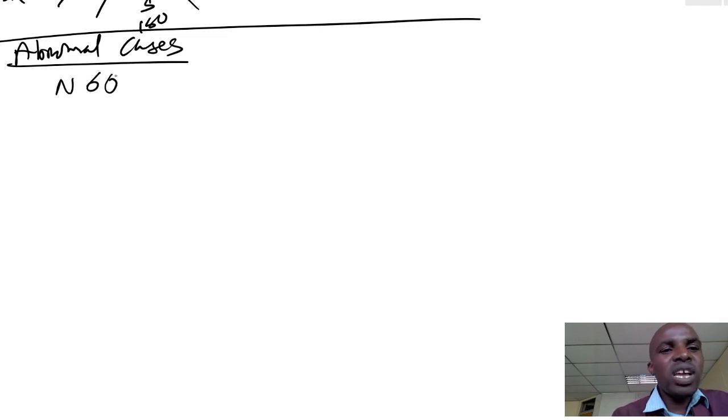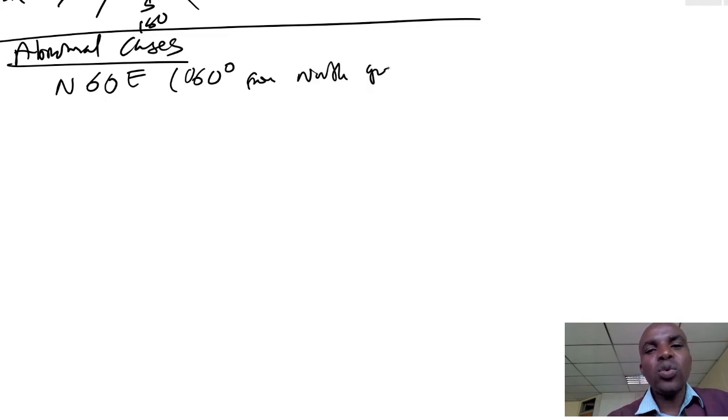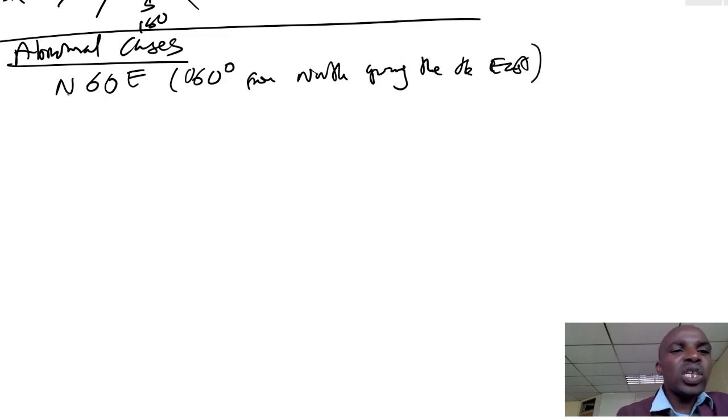This one is from the north, however. Northeast. This one means 60 degrees northeast. So the angle is 60 degrees from north going to the east. To the east side. It's actually 60 degrees.